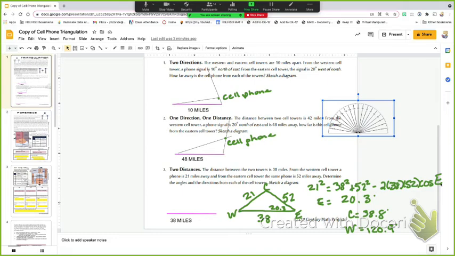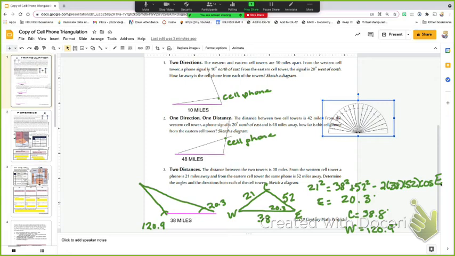So when you go back and draw it to scale, your picture will look something like this. And you're going to do that with the protractor. So this angle here is 20.3 degrees, and this angle here is 120.9.